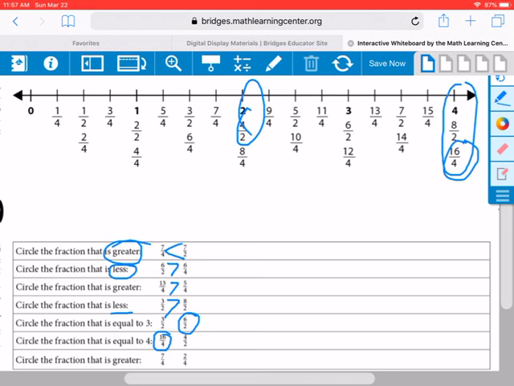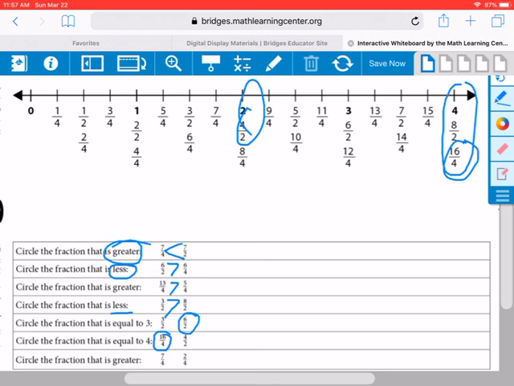And finally, they want us to circle the fraction that's greater. Same denominator, different numerator. Remember, in this situation, the bigger the numerator, the bigger the fraction. So if the denominator is the same, then our numerator tells us which one.